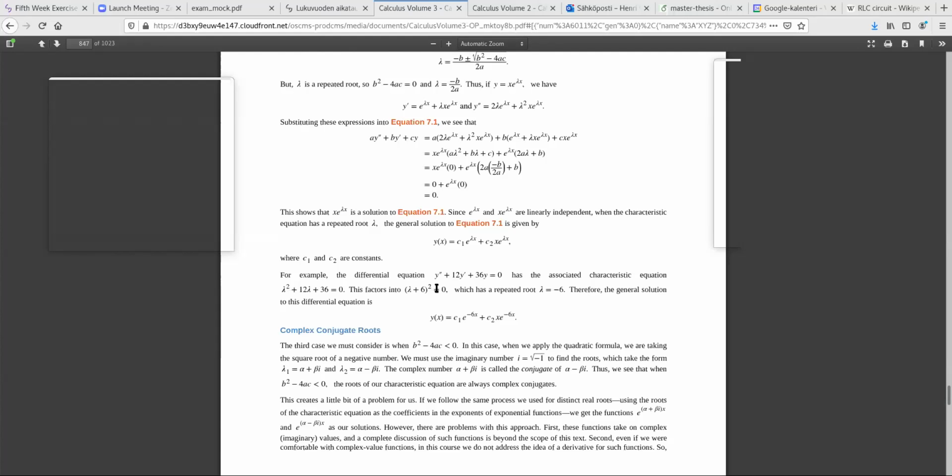You can try it here as a solution, and you notice that if you put it into this equation, it also satisfies the equation. So this is a way of solving the homogeneous constant coefficient linear second order differential equation, and this always will result in the solution. So that is, you might call, a good thing.